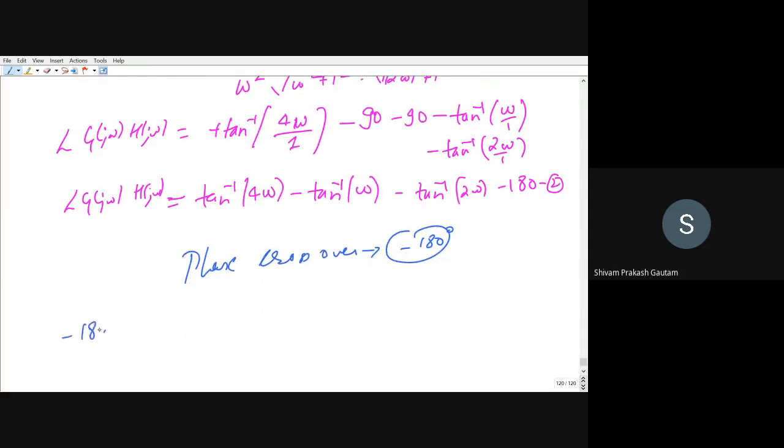Minus 180 degrees will be equal to tan inverse of 4 omega p minus tan inverse of omega p minus tan inverse of 2 omega p minus 180. Minus 180 will cancel out.